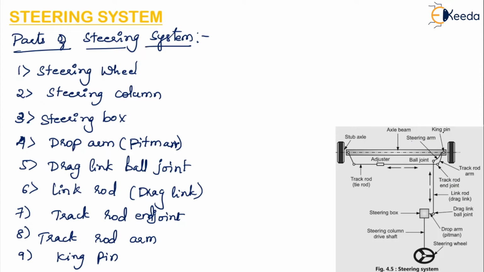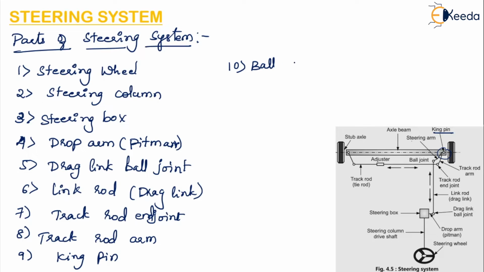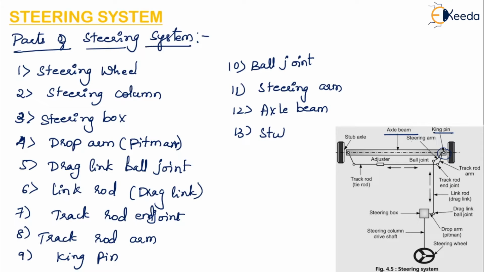All those we can see in the figure here. There is a kingpin here, then there are ball joints, then a steering arm, then the axle beam which is here, and there is a stub axle, and there is a track rod here.